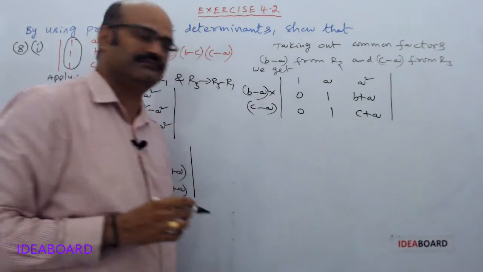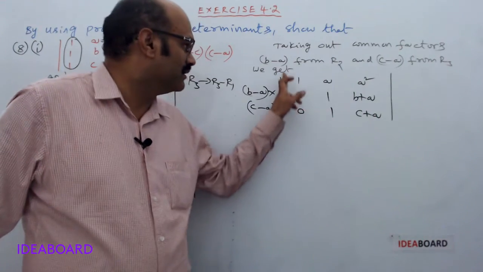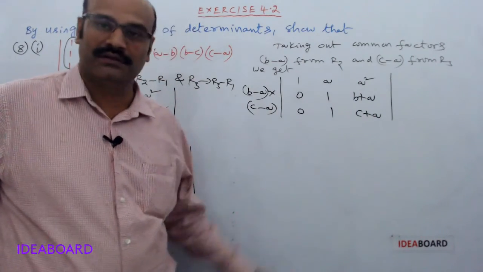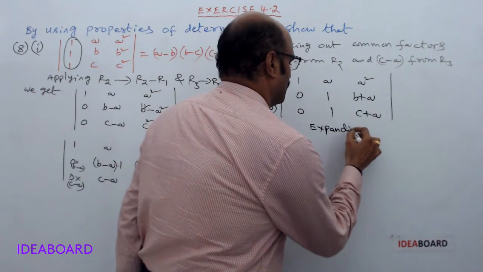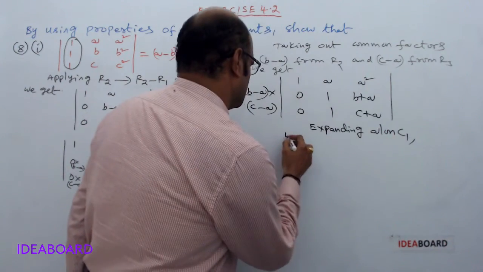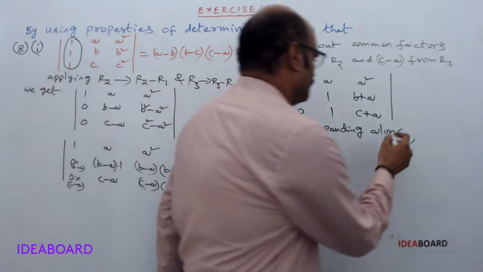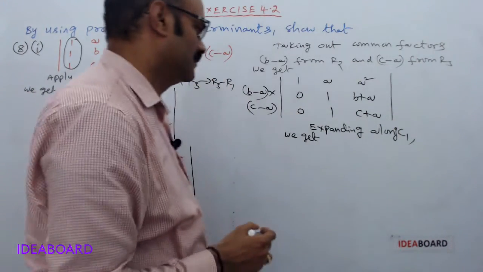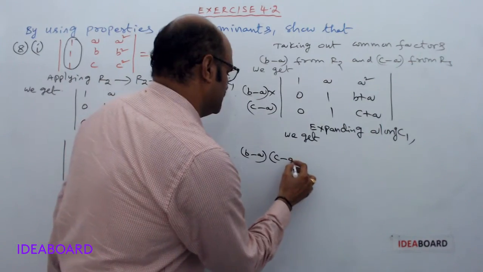Now we have to expand along C1. We get (b minus a)(c minus a) times the expansion.